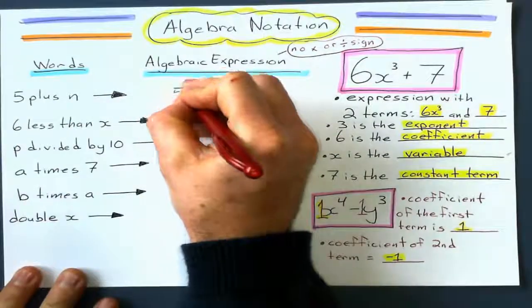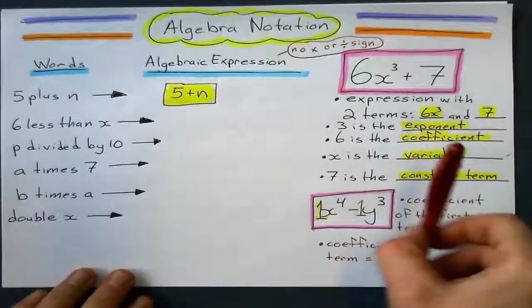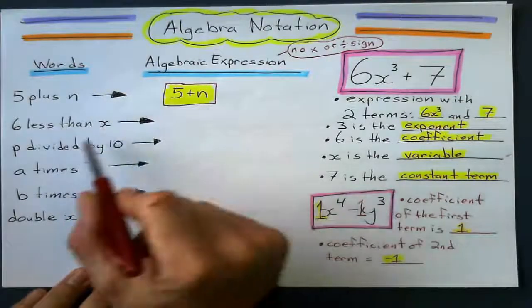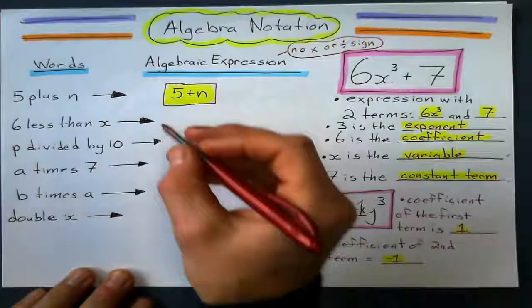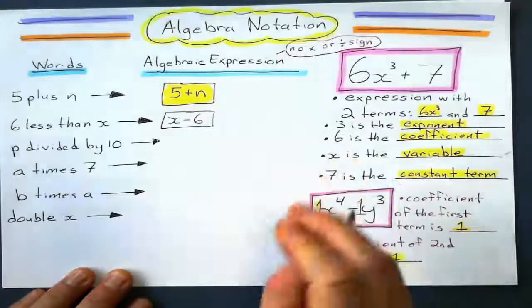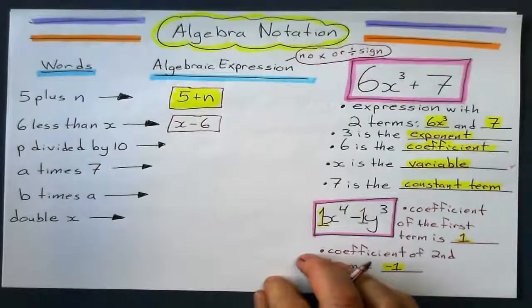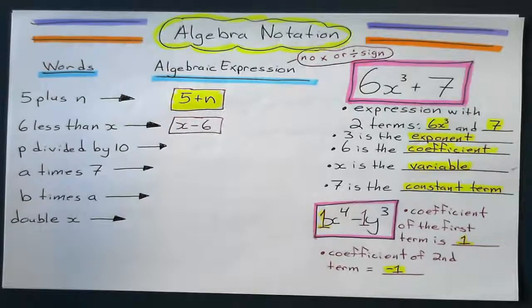So 5 plus n, that's still just going to be 5 plus n, because there's no other sign for plus. 6 less than x, this one, the less than thing gets kind of tricky sometimes, because if I say 6 less than x, x has to come first, and I want 6 less than that. Sometimes think of it like, if I said 6 less than your age, well, your age would come first, and then you'd subtract 6.